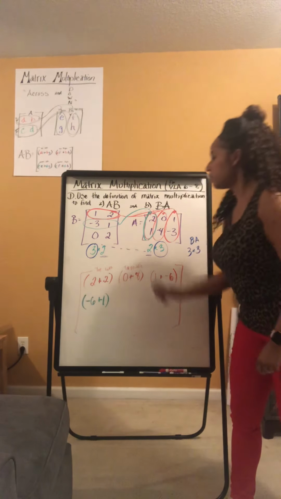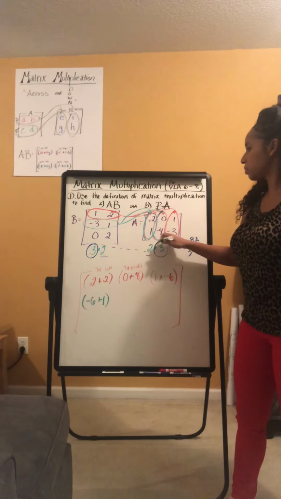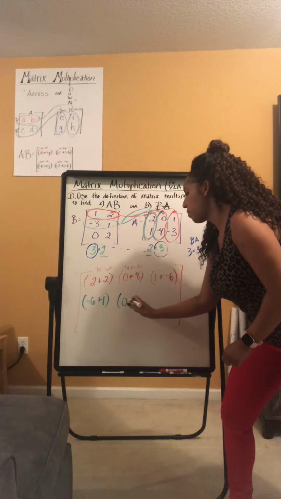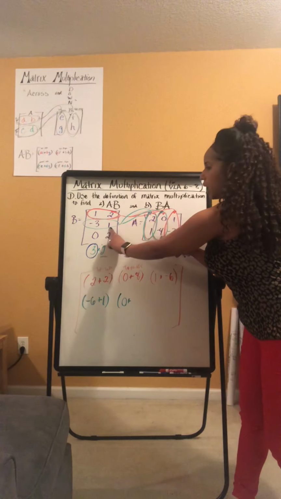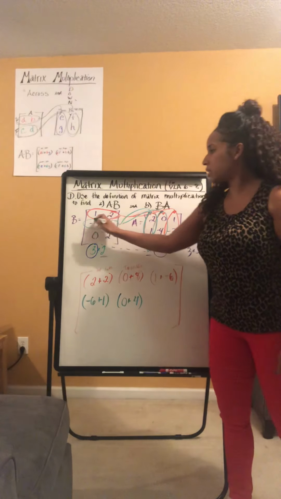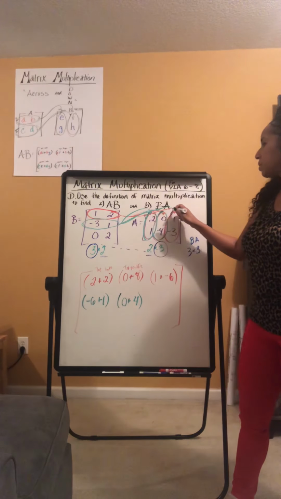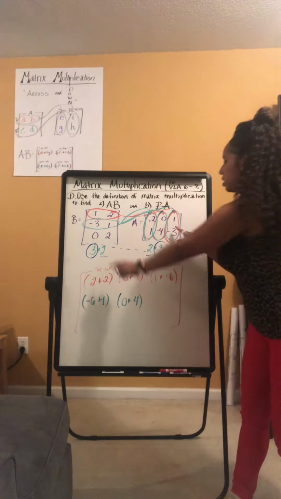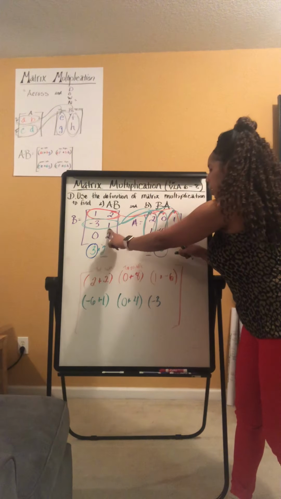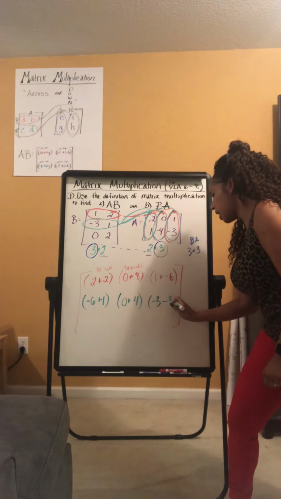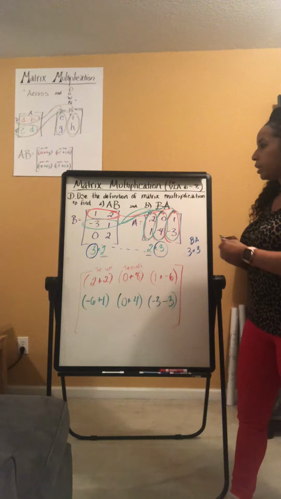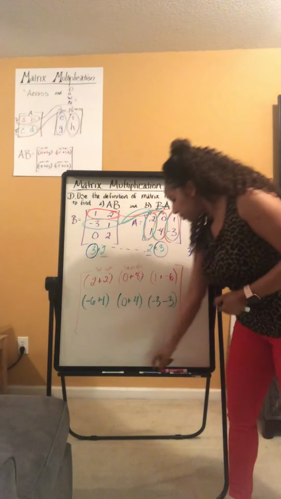Now to the middle: negative 3 times 0 is 0, plus 1 times 4 is 4. And then lastly, the middle times the last column: negative 3 times 1 is negative 3, plus 1 times negative 3 is negative 3. Again, we can just write minus 3. We don't have to write plus the negative. That's it for the middle.